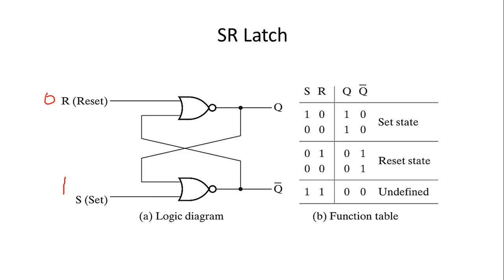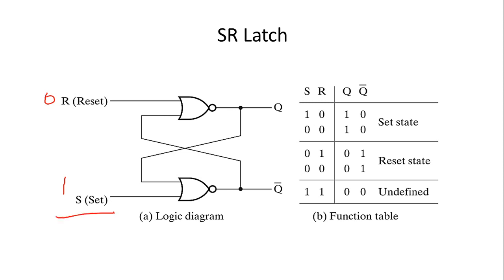So S is 1 and R is 0. Now we have NOR gates, and a NOR gate is a simple OR gate with a NOT. So if an input is 1, an OR gate simply produces 1, but the NOT gate will invert it.